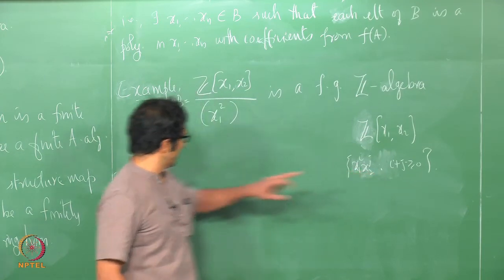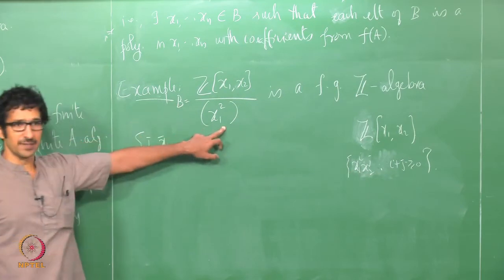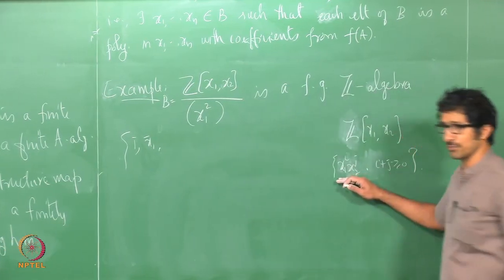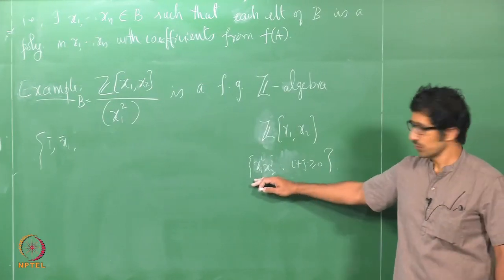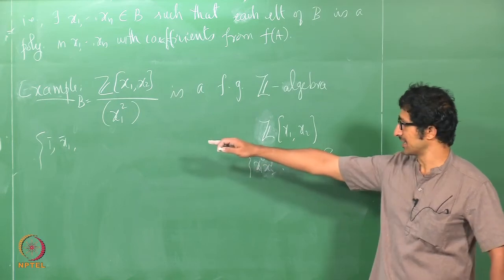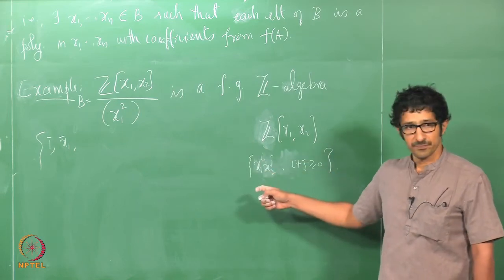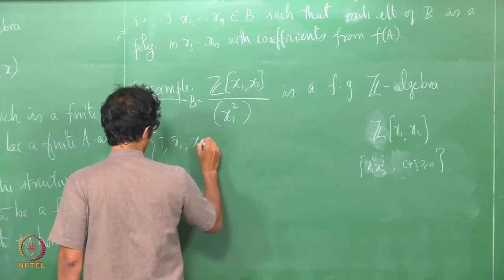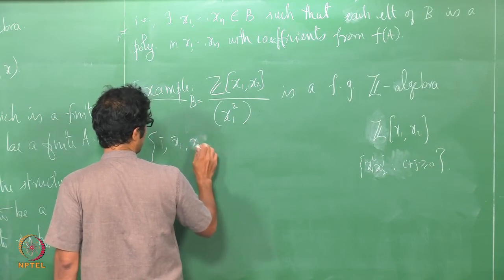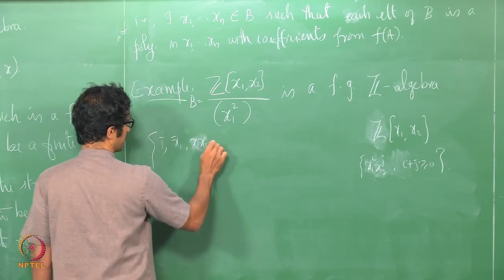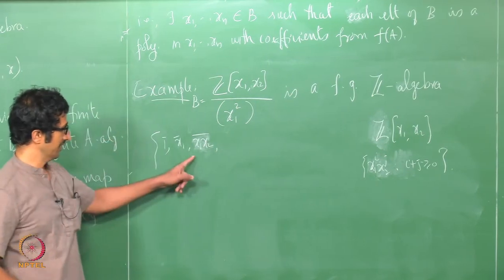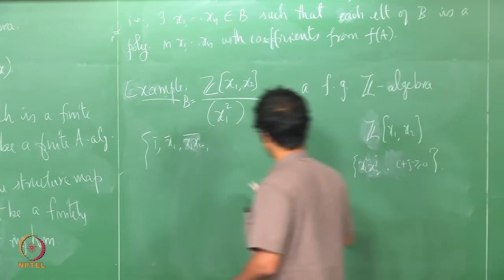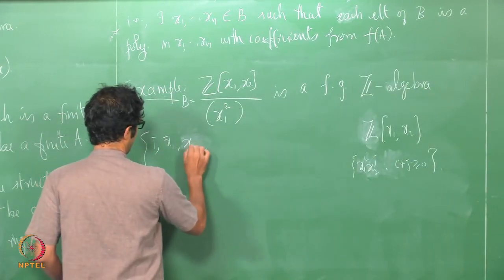So when you take a quotient, you are basically nullifying some of them, right. So which all will remain in a minimal generating set? 1, x1, x2, x2 power j.